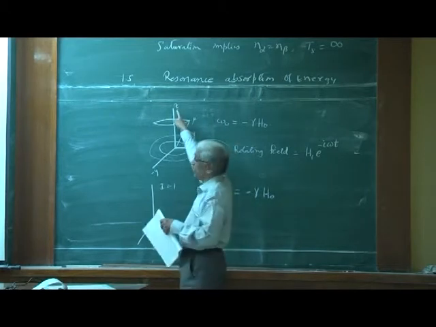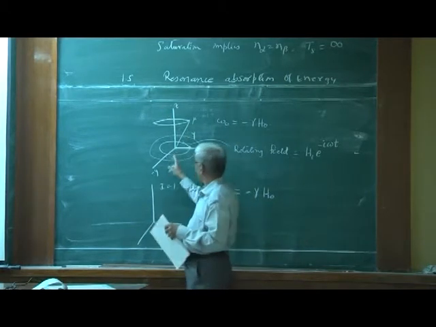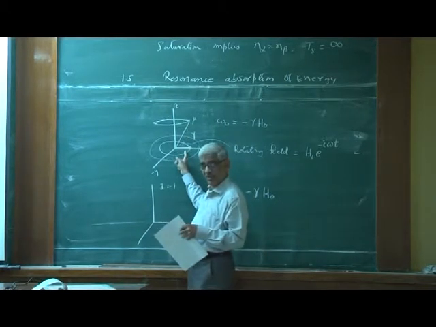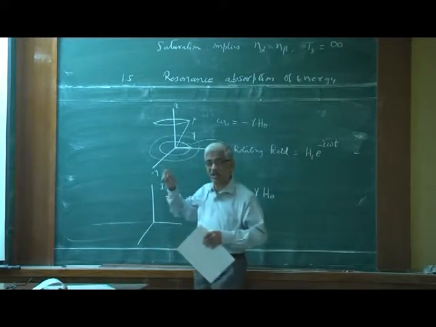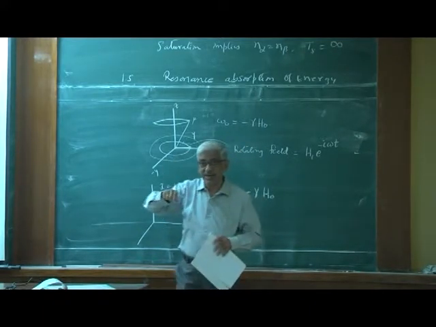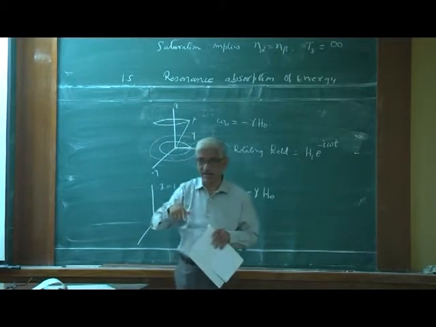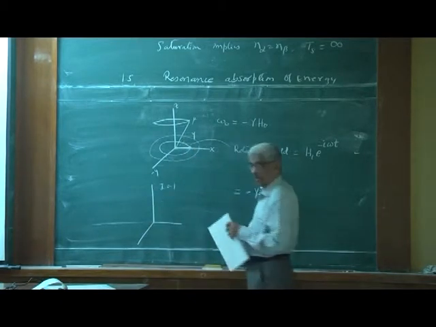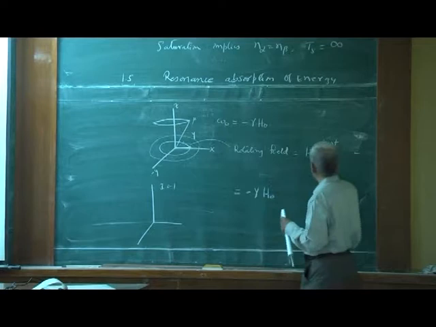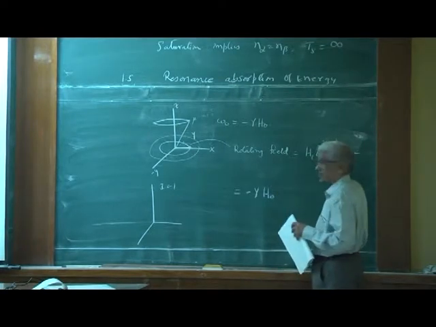Here it is a static field, right? You have a static field. Here is also a field with an amplitude h1, but it is not static. It rotates in the xy plane, and therefore we call it a rotating field. And this is h1 e to the minus i omega t.